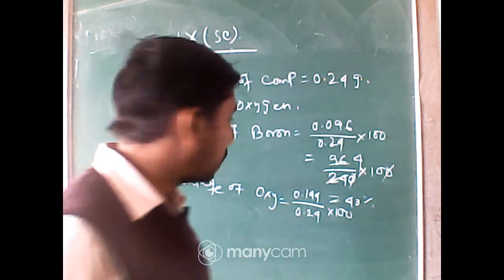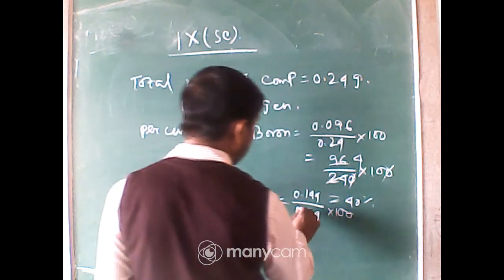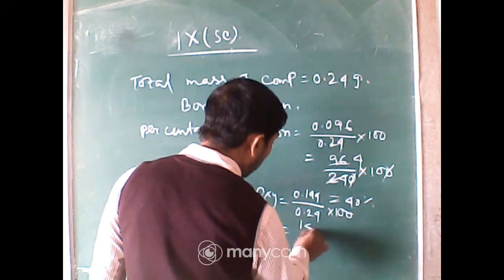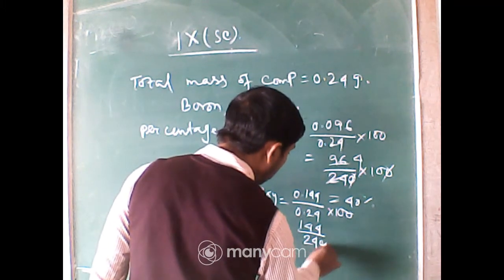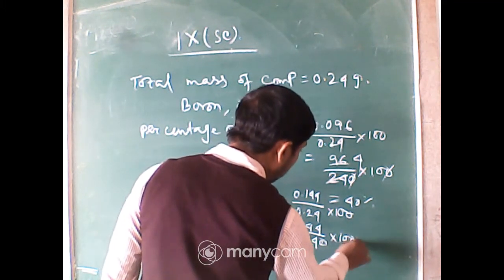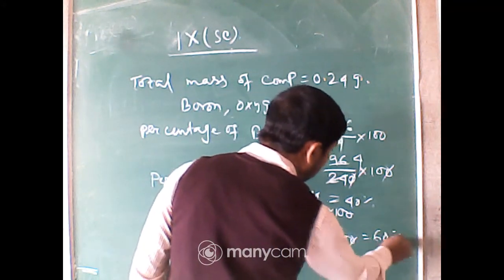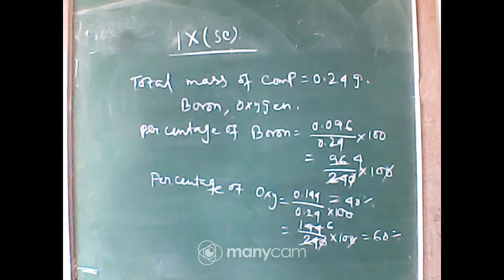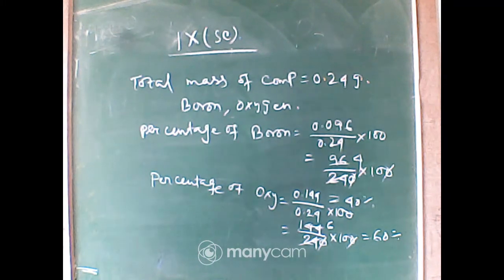Now calculating it, 144 divided by 240 into 100, it is 60%. Okay, so the boron percentage is 40% and the oxygen percentage is 60% in that compound.